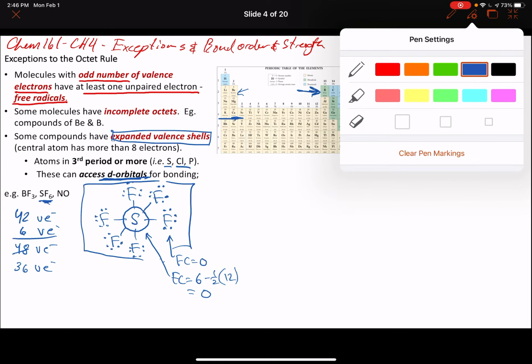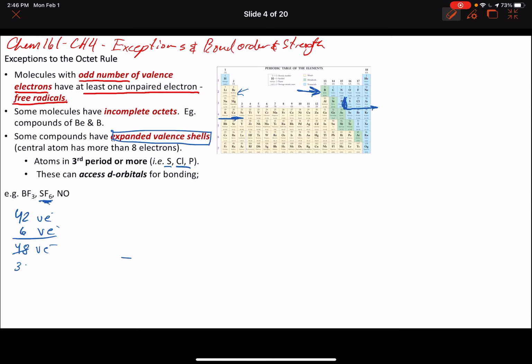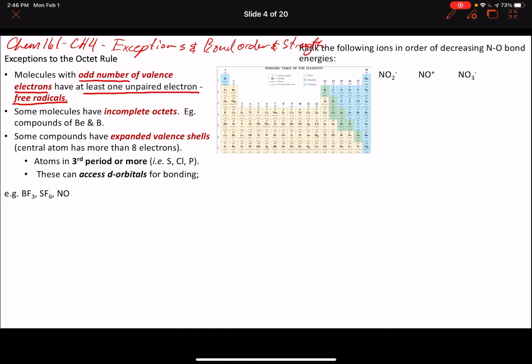Okay, the next idea we want to touch on is what we can say about bonds based on all these structures. So we'll make room for that next topic now. We'll take a look at an example where we are asked to rank these molecules according to decreasing NO bond energy.